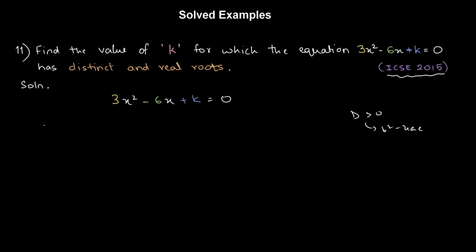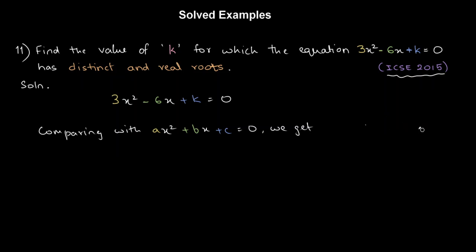So we start by comparing the given equation with the standard form of the quadratic equation, which is ax squared plus bx plus c equal to 0. From that we will get the values of a, b, and c.